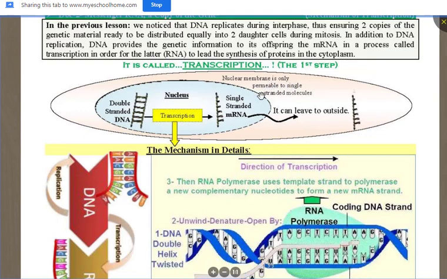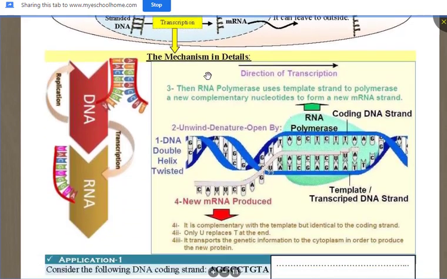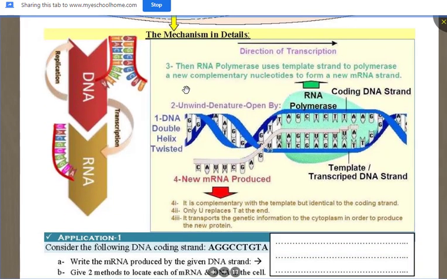The nuclear membrane, as we said before, is only permeable to single-stranded molecules. Now let's look at the mechanism of transcription in details. The RNA polymerase uses the template strand to polymerize new complementary nucleotides to form a new messenger RNA.